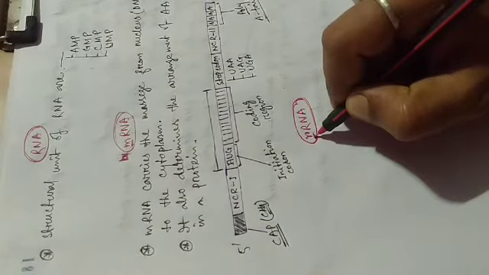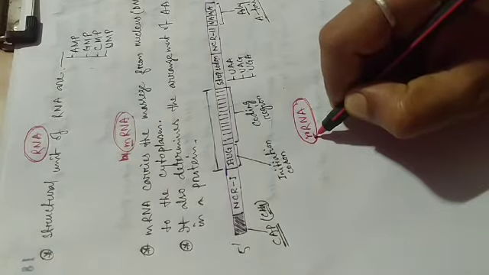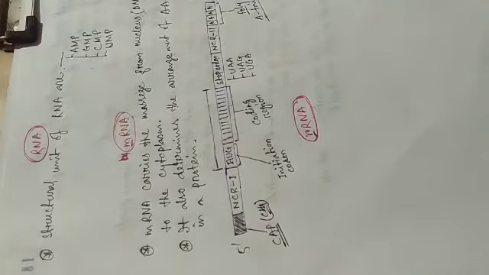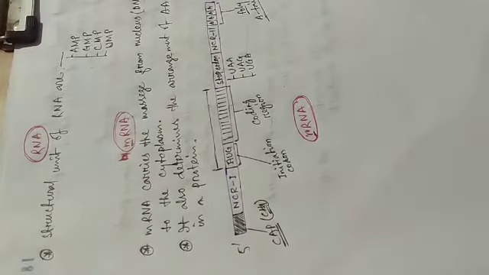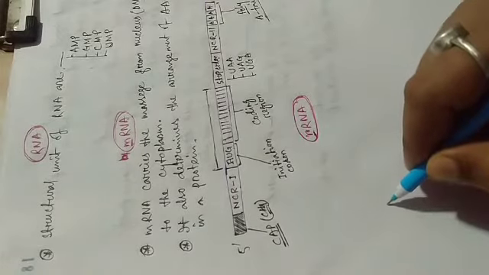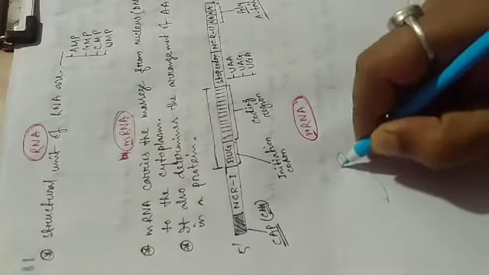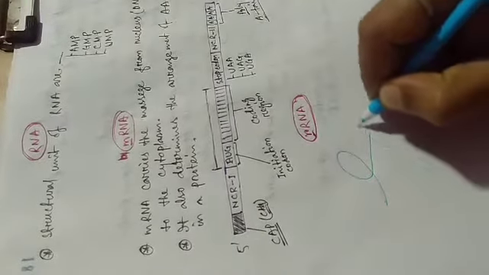For that reason, the site of formation of ribosome is the nucleus. Then the structure of rRNA is also a single stranded structure, like that.